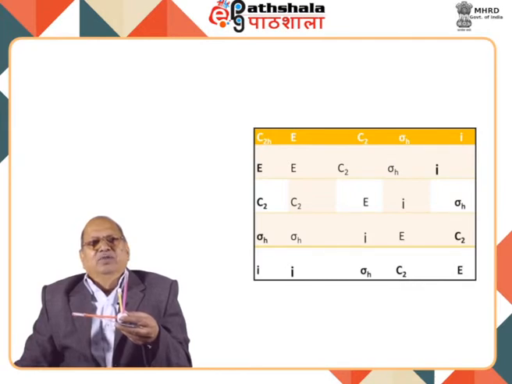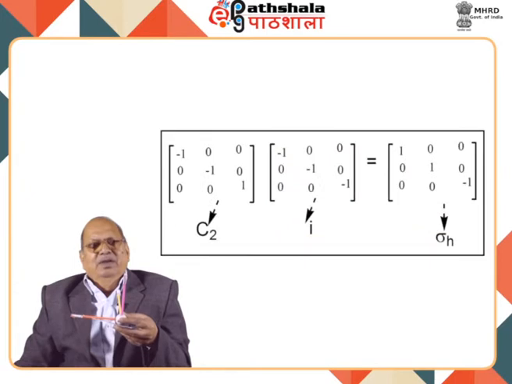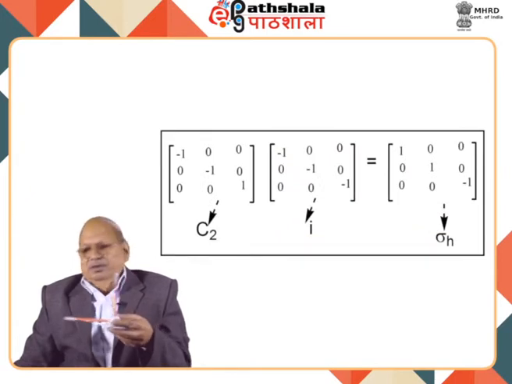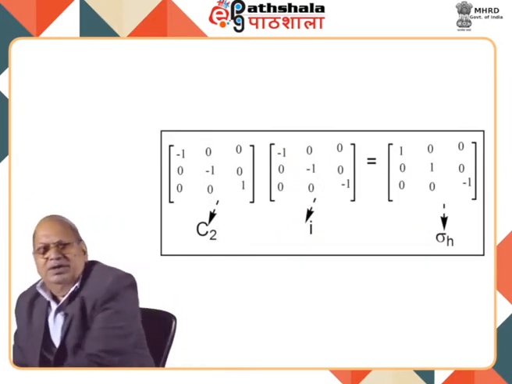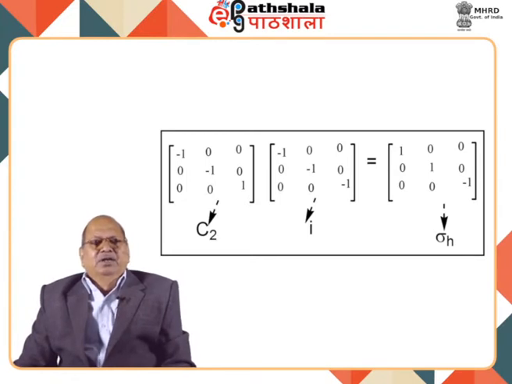Now, let us go for the corresponding verification. Let us now take various symmetry operations and products and verify our result. First I will take the product I into C2 or C2 into I. What will be the net result? If I take C2 into I and look at the group multiplication table, the result is sigma h.